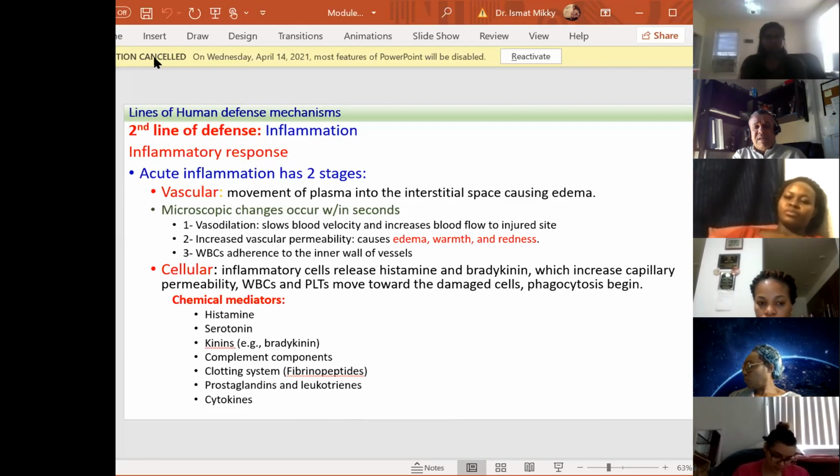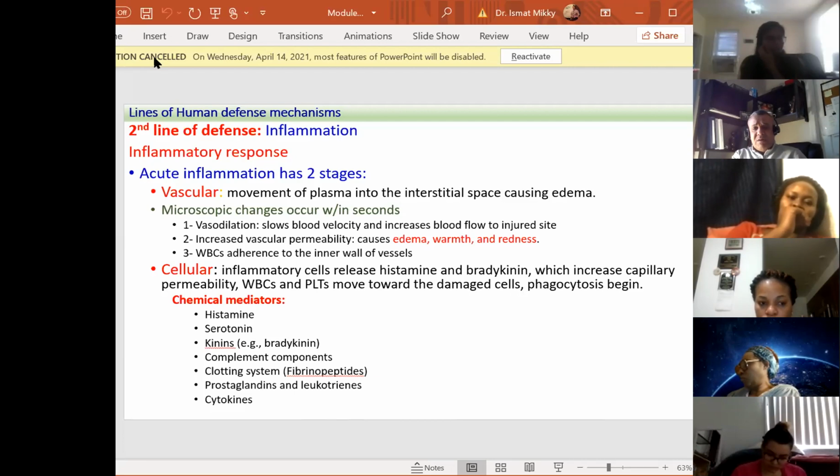So increased vascular permeability results in the edema and the warmth and the redness. And then the white blood cells, the neutrophils, will adhere to the wall. And we'll talk about this step later on.